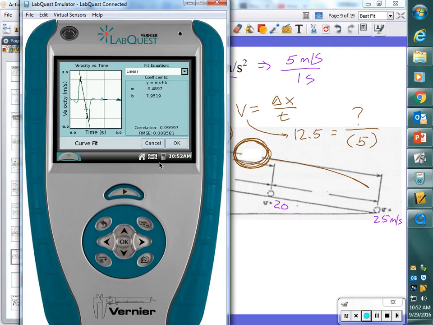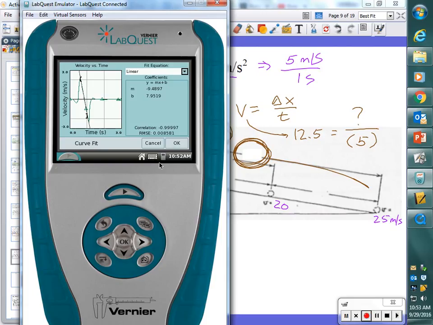So the acceleration that this volleyball experiences has a magnitude of 9.49 meters per second squared. The velocity changes by 9.49 meters per second for every second that goes by.